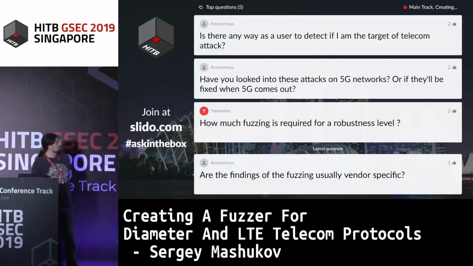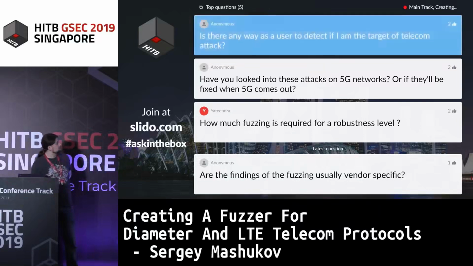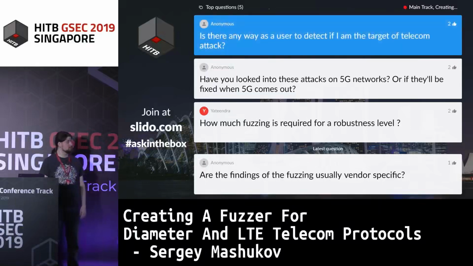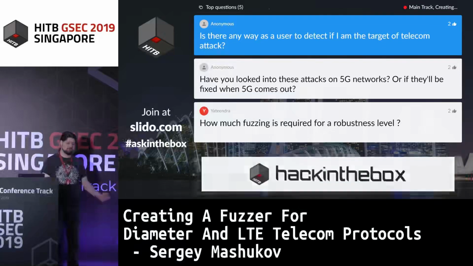Next one. Or choose whichever question you'd like. Sometimes, is there any way as a user to detect if I'm a target of a telecom attack? Sometimes yes, sometimes no. In some cases, you will see, believe me, for 4G attacks that I'm doing, you'll see a flashing connection, a flashing network symbol on your phone.